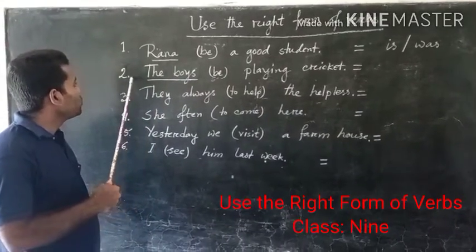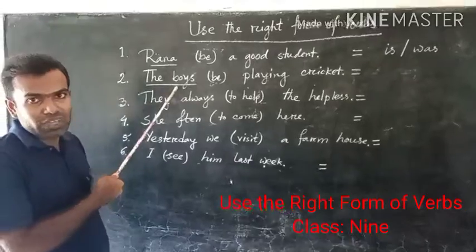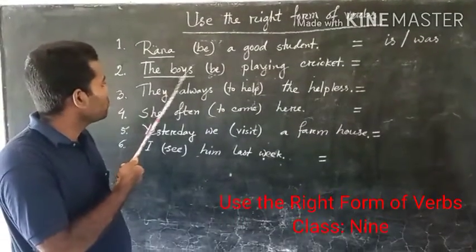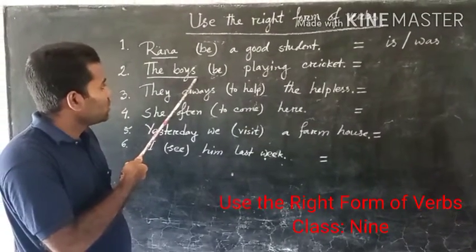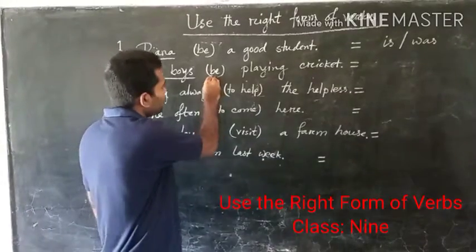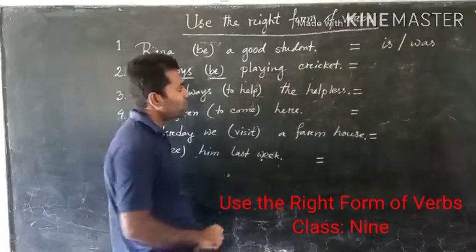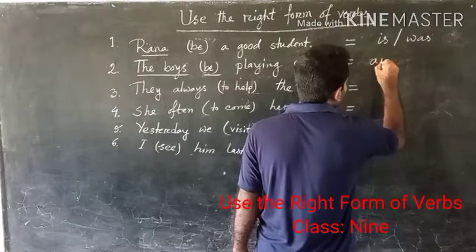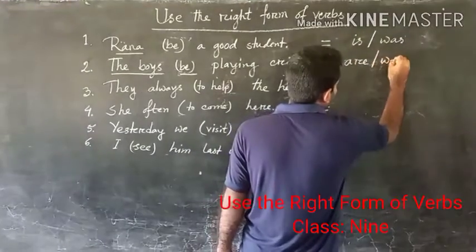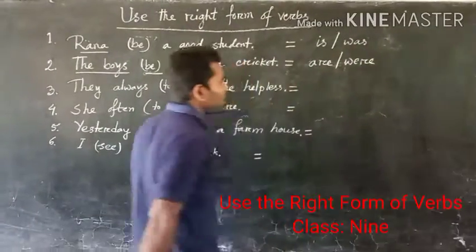In number two, the boys, the subject is in plural form. So we have to use a plural verb. That means are or were.